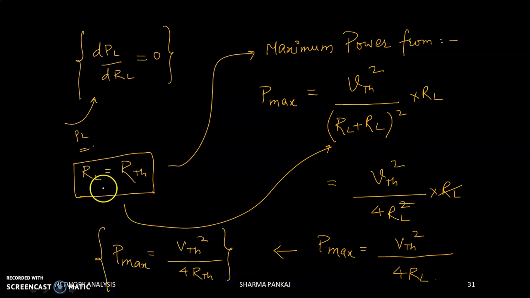Why? Because this RL is equal to RTH. So we have converted this whole P max equation into Thevenin terms, containing Thevenin voltage and Thevenin resistance.